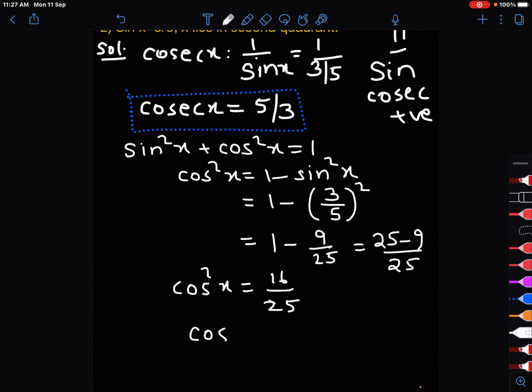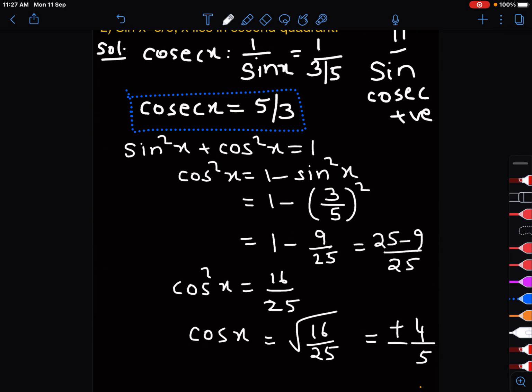So cos x would be root of 16 by 25, which will give you plus or minus 4 by 5. Now we need to find if it's a plus or minus, isn't it? So in the second quadrant, only sine and cosec are positive. The rest all will be negative.